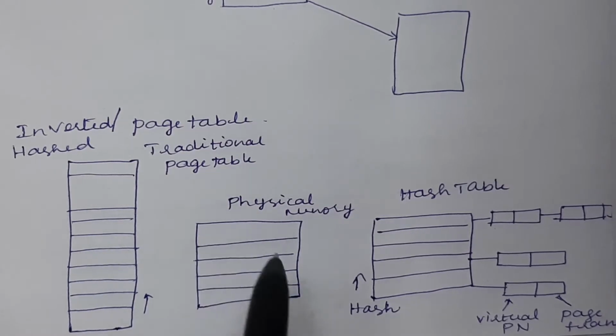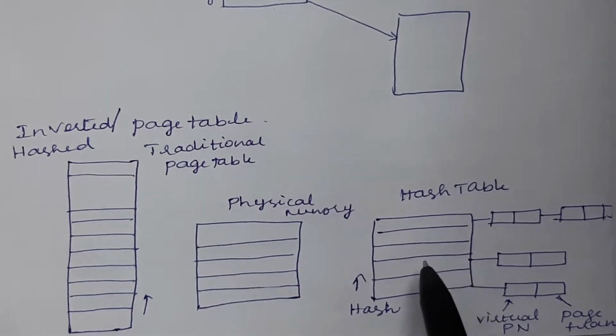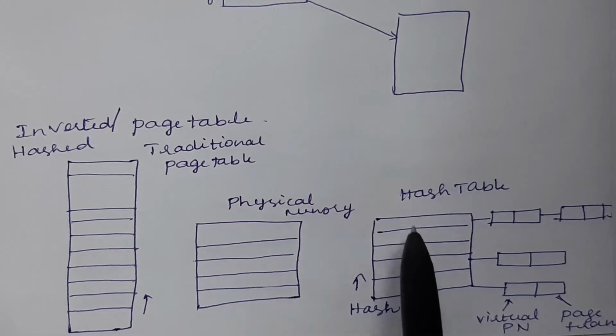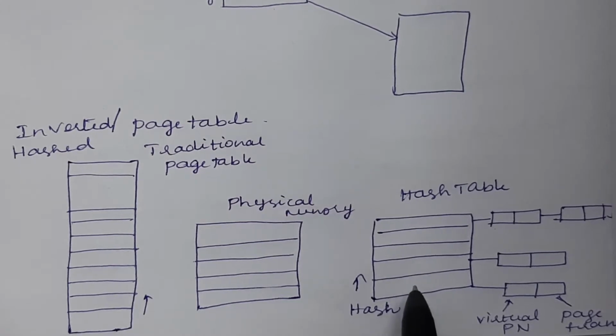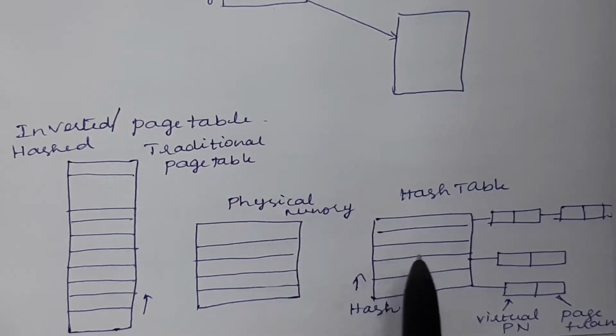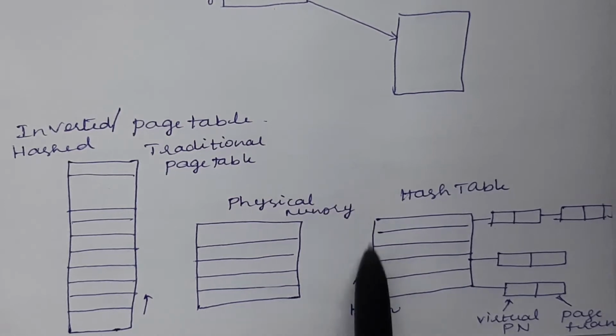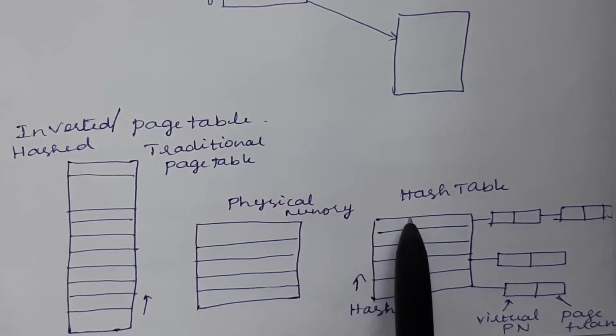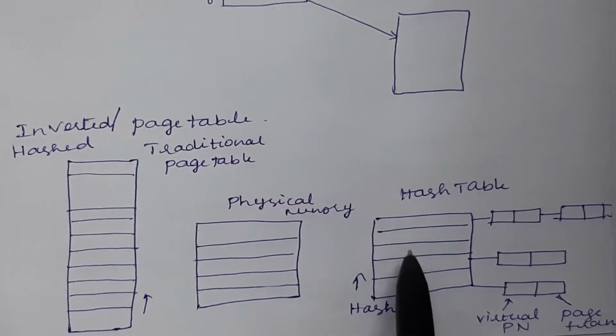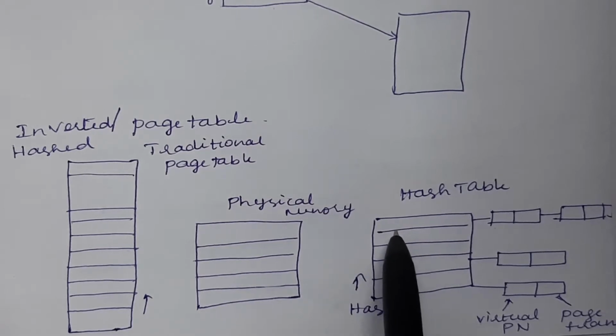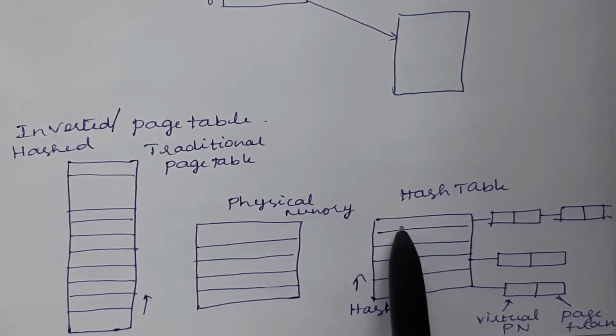In the hashed page table, how are we arranging all the entries in the page table? It depends on the hashing concept. There will be some number of locations in the page table, and one of the most important fields in the entry is the key field.